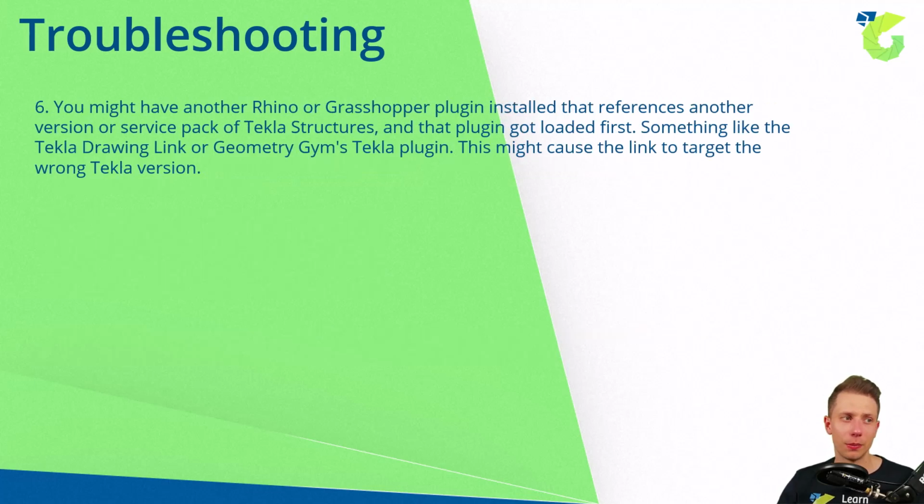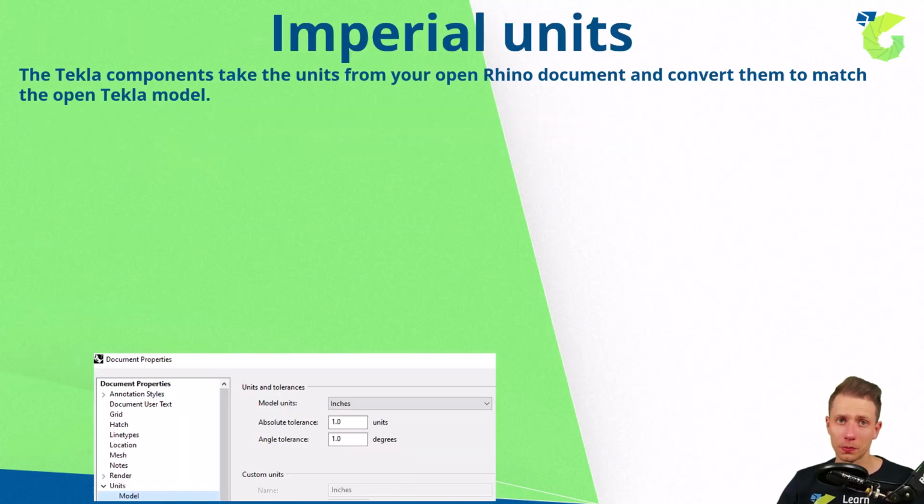If it's not visible, one of the last things is that you might have another Rhino and Grasshopper plugin installed that references another service pack version of Tekla Structures. It can be the case with the drawing link, as I said before, but Geometry Gym also has a live link that works similarly and can cause conflicts. So you're supposed to delete them and install, maybe also putting them in different folders.